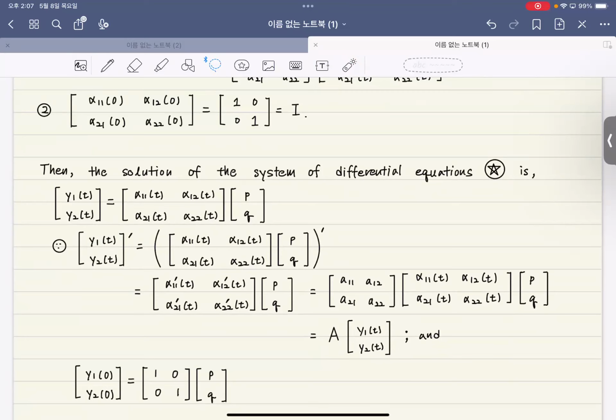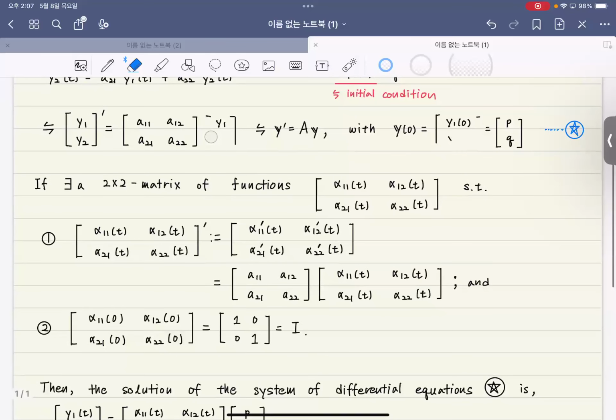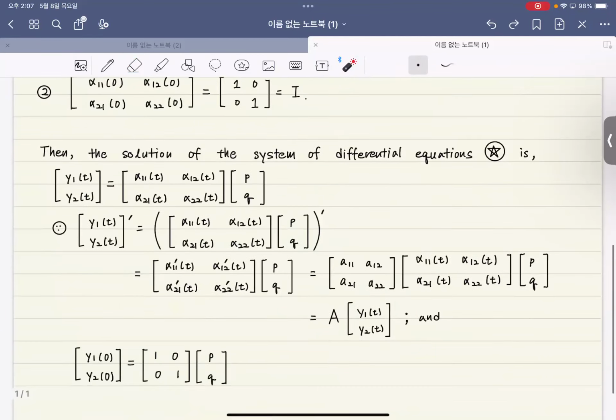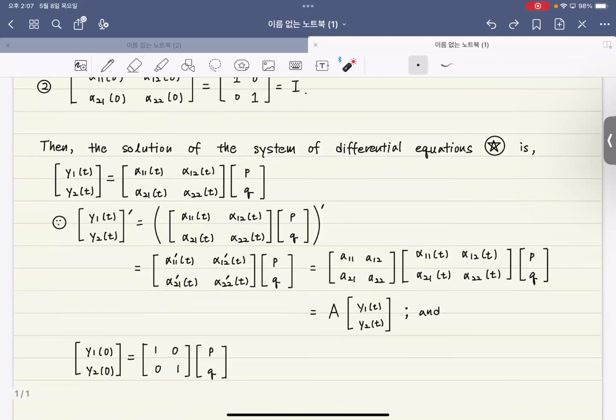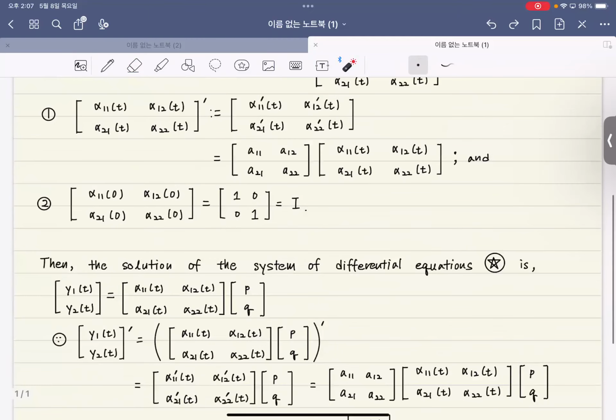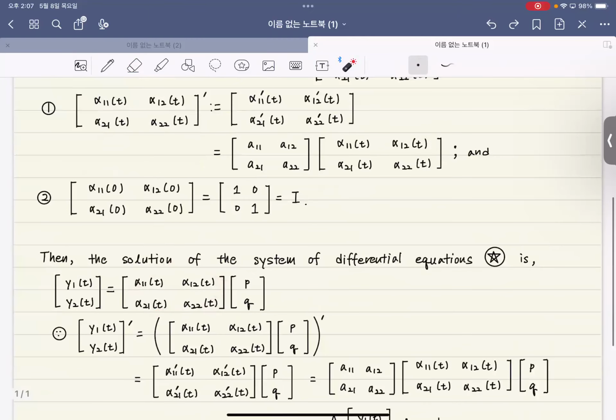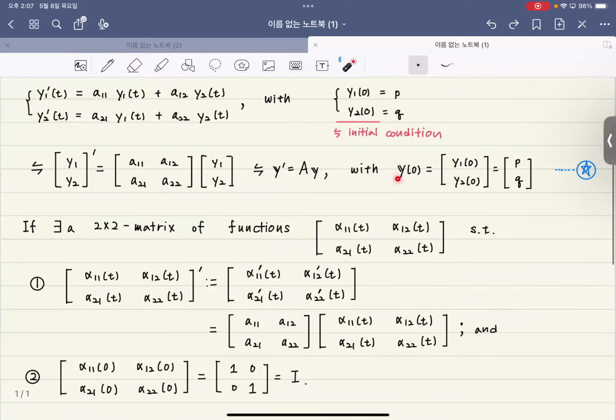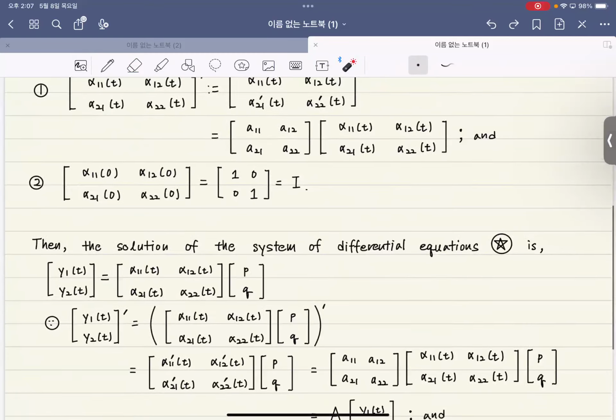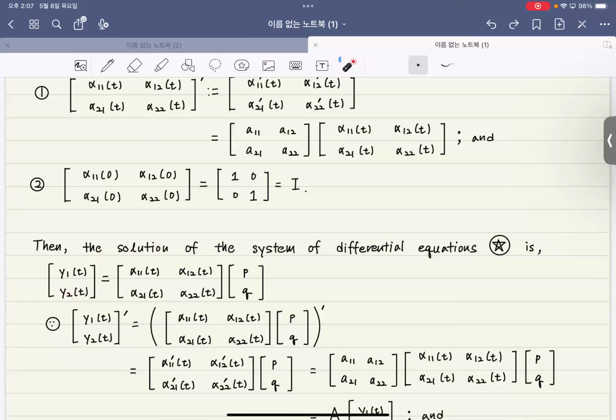Then the solution of the system of differential equations star, that is, the solution of this initial value problem, is this matrix times the column vector consisting of P and Q, which is the initial condition. I claim that in this case, this is the solution of the differential equation star.